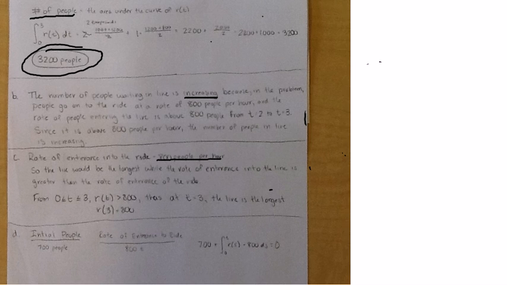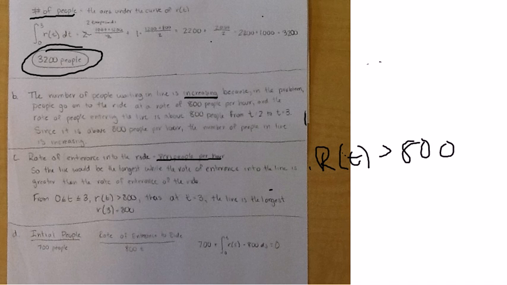So if the line is losing people at 800 people per hour, the line would be the longest from the time where R of t is greater than 800, and all the times at which that is true.